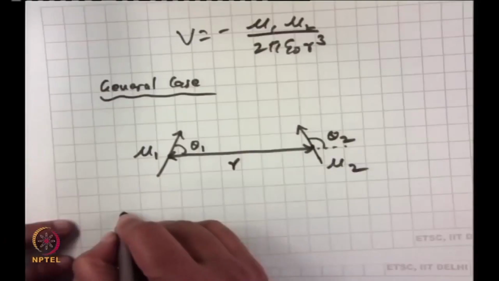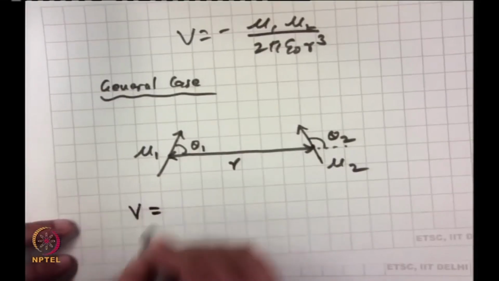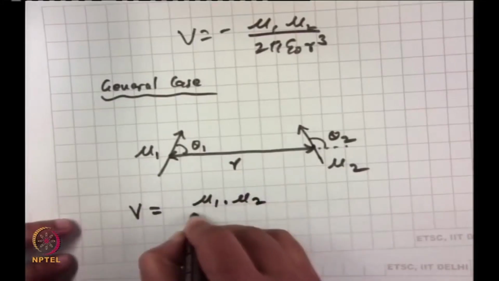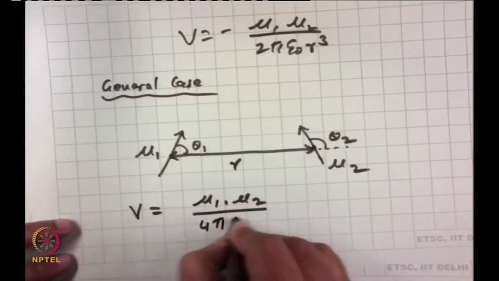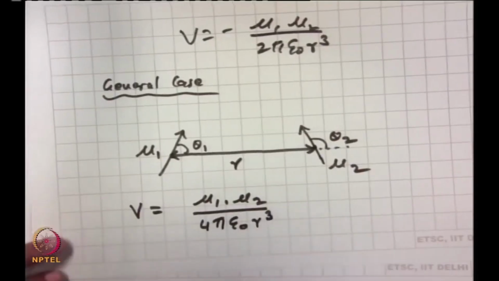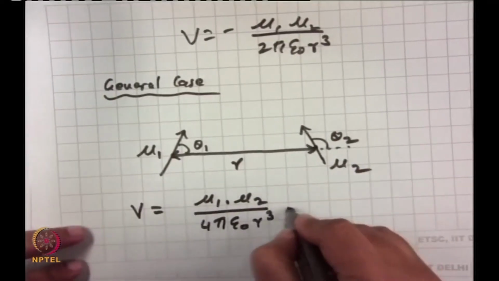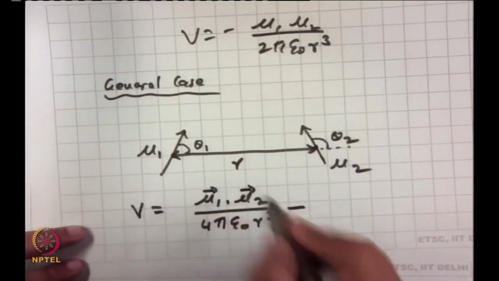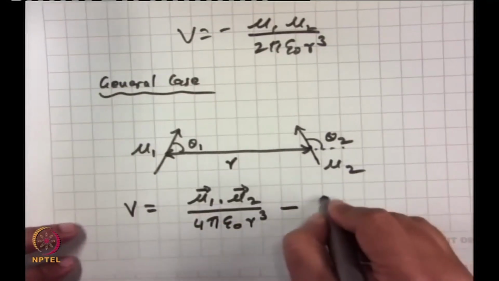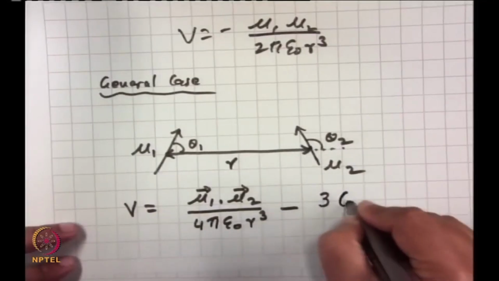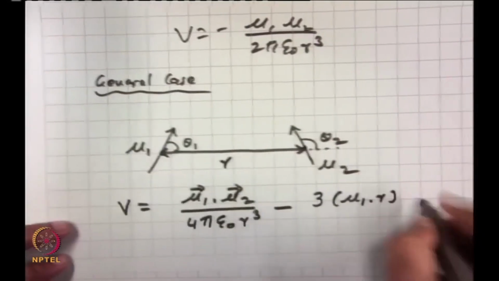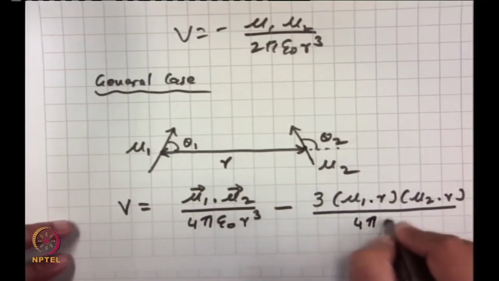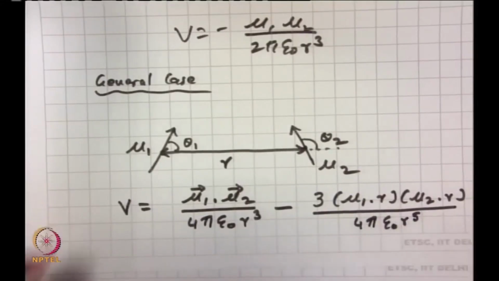The actual form of the potential energy can be written as V is equal to mu 1 dot mu 2 by 4 pi epsilon 0 r cubed, that is the first term, minus, now remember there is a dot product mu 1 dot mu 2, that means we are talking about vector quantities now, right, minus 3 mu 1 dot r times mu 2 dot r over 4 pi epsilon 0 r to the power 5.